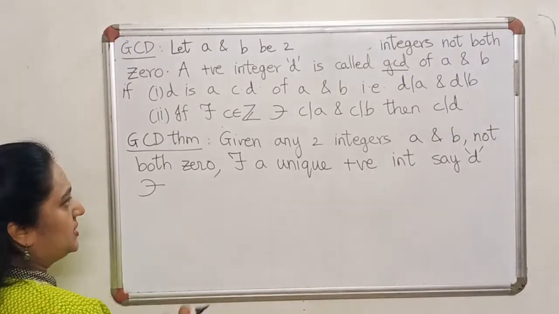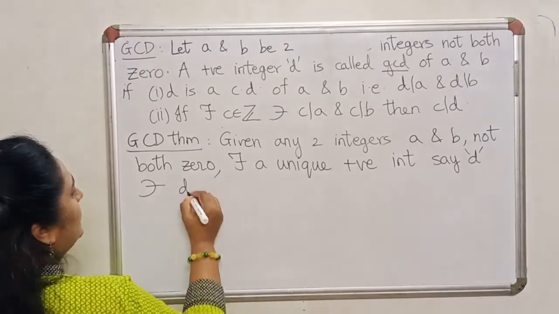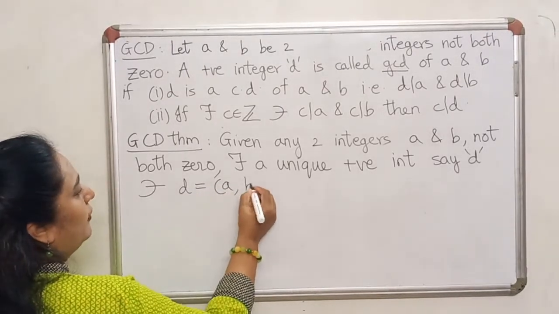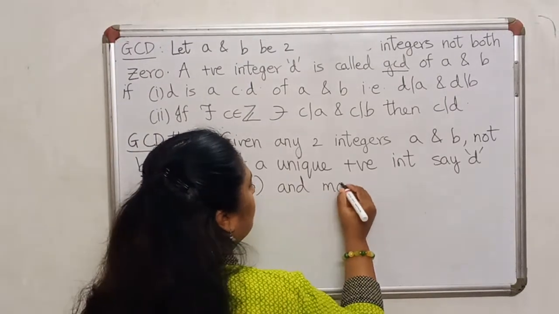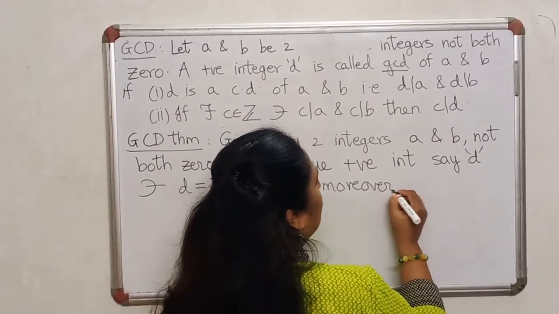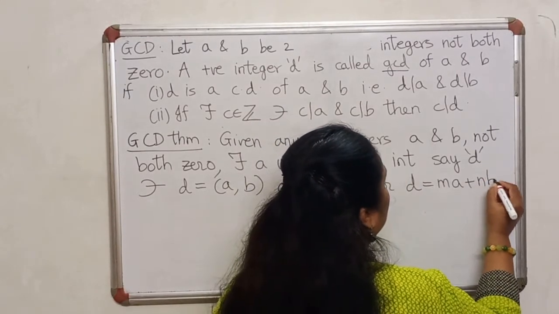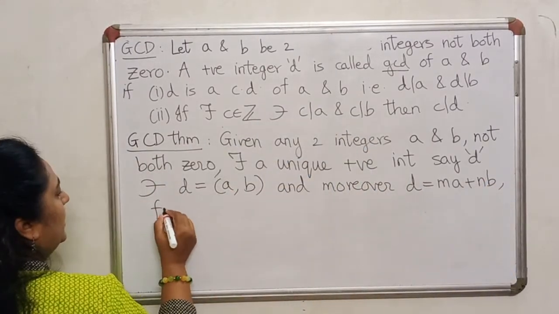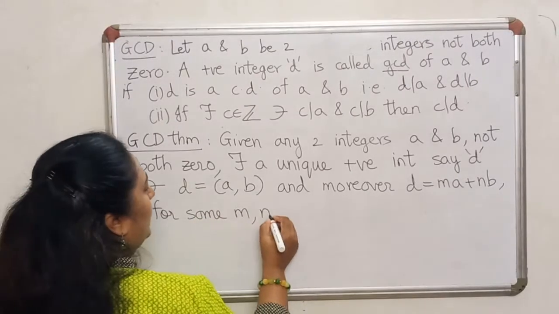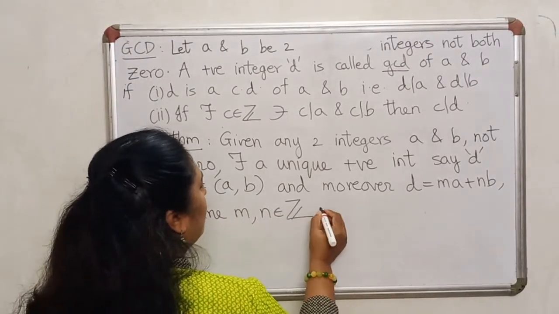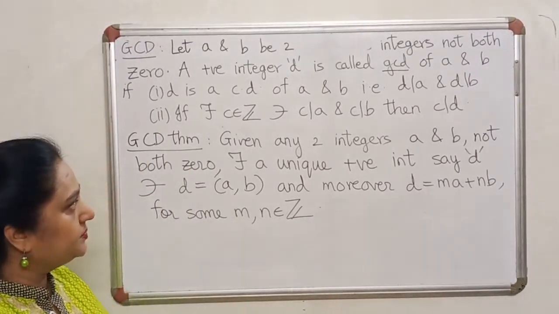So there exists a positive integer D such that D is the GCD of A and B, and moreover D can be written as M times A plus N times B for some integers M and N.